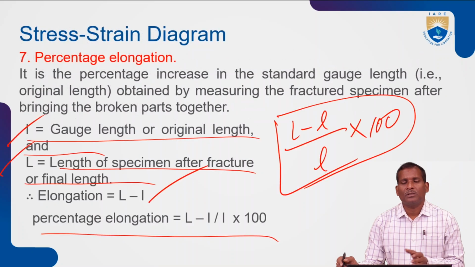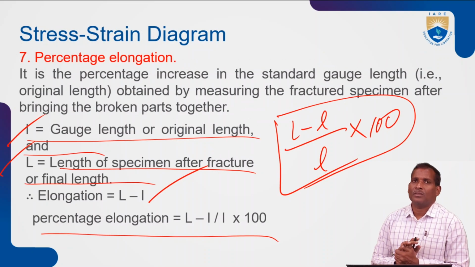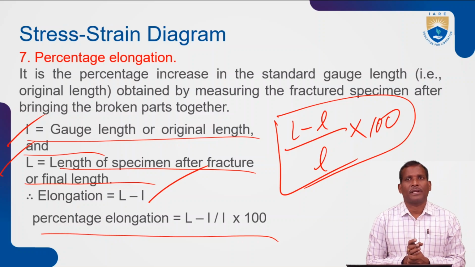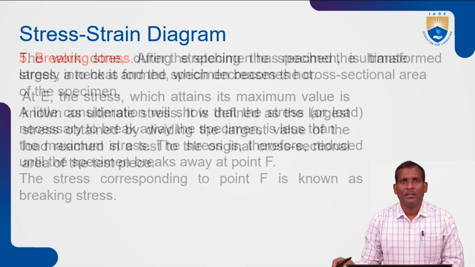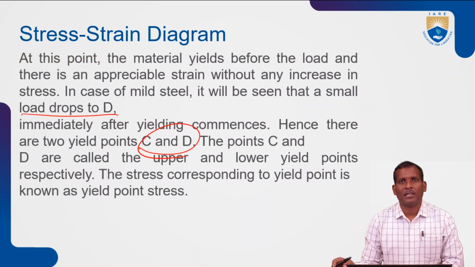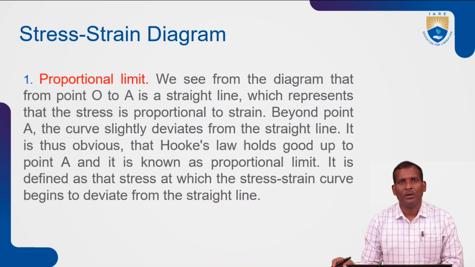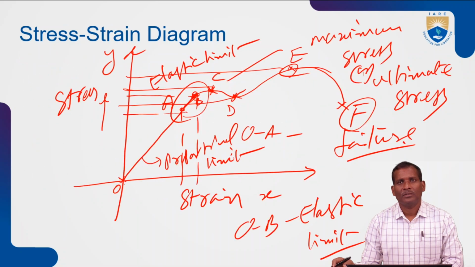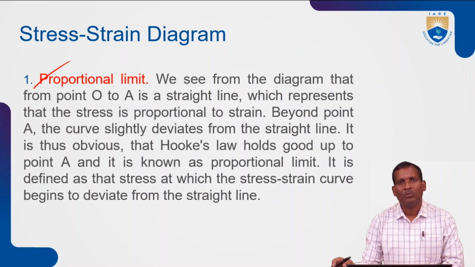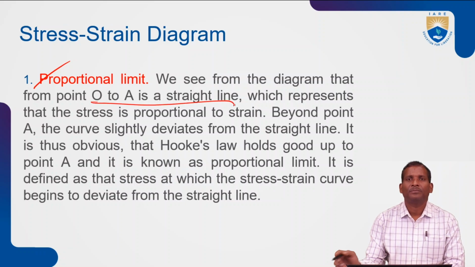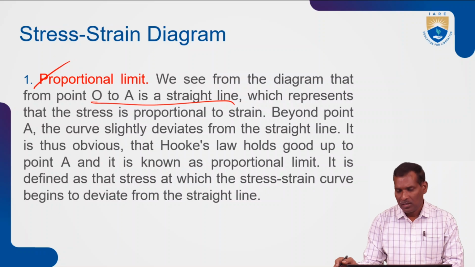So next, these 7 points are very important related to this stress strain diagram. Once again, see what are the important points in a stress strain diagram. In the stress strain diagram, the proportional limit O to A is a straight line, and here it holds Hooke's law.